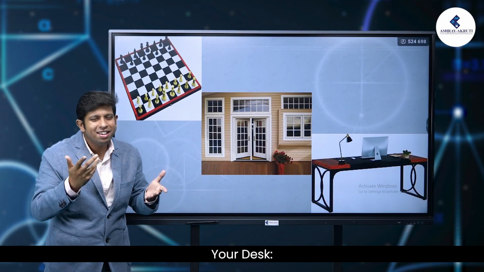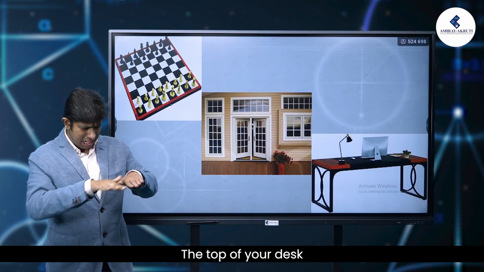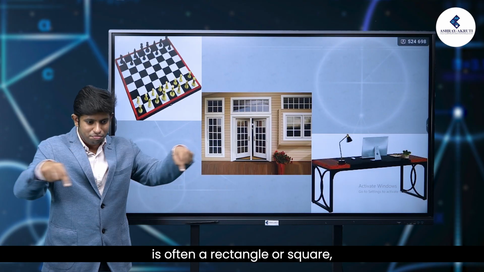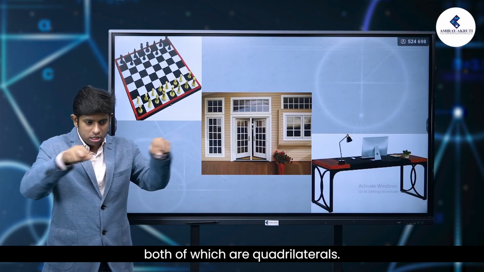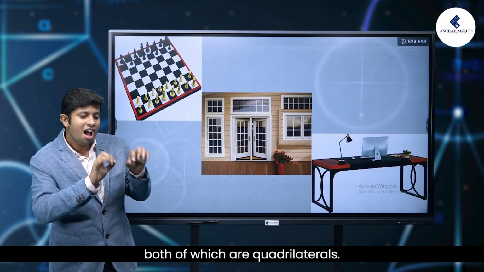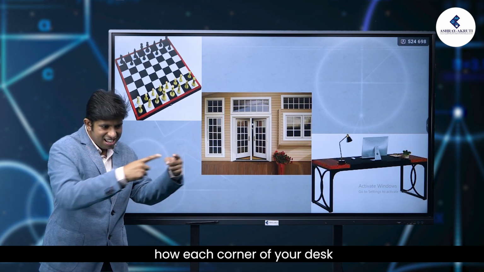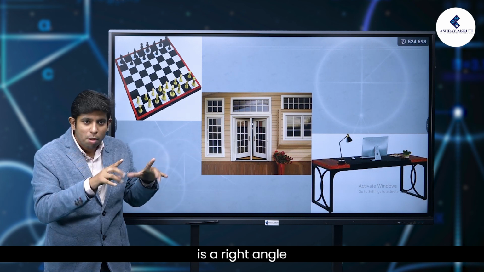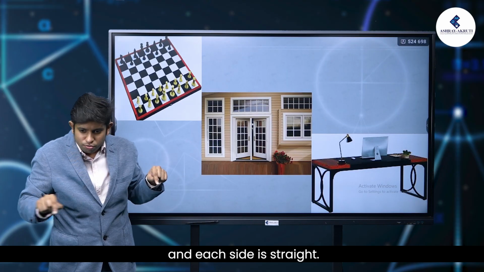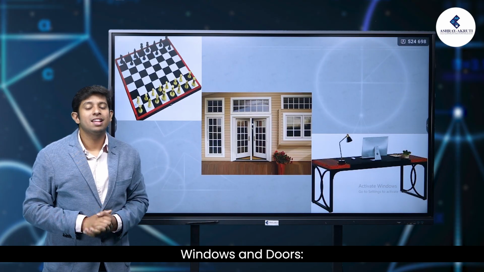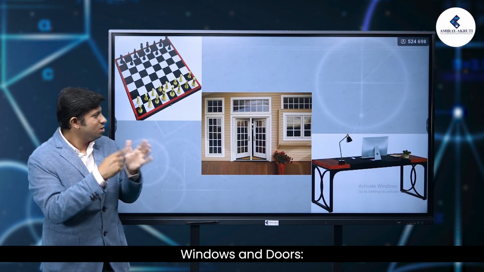Your desk. The top of your desk is often a rectangle or square, both of which are quadrilaterals. Notice how each corner of your desk is a right angle and each side is straight. Windows and doors.